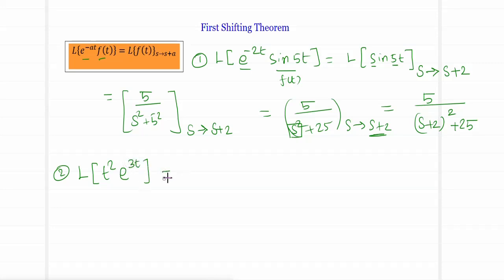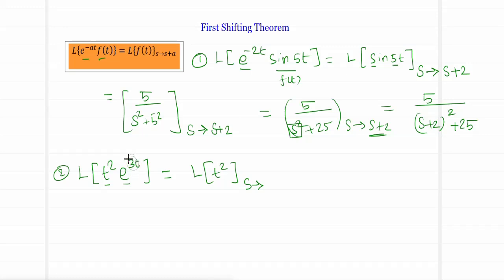Now what does this do? There is going to be one term over here, f of t, and there is an exponential term. So by the shifting theorem, it computes Laplace of t square and in the output wherever it finds s, this s is moved by how many units?